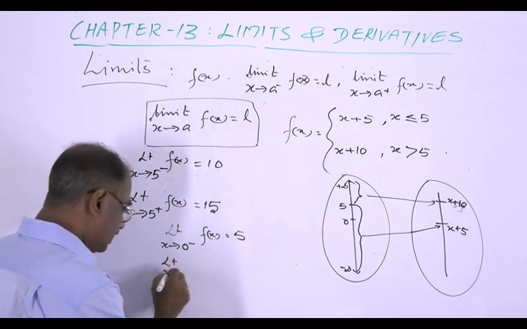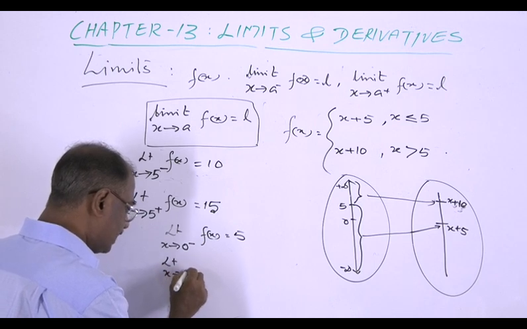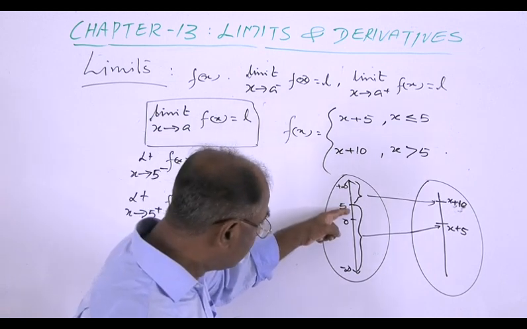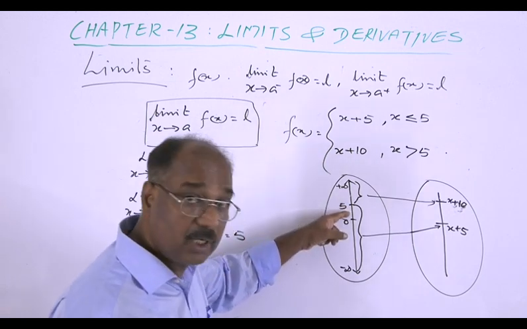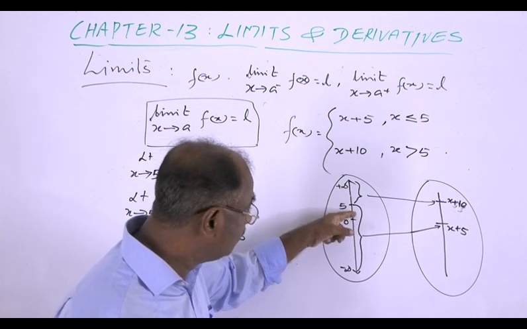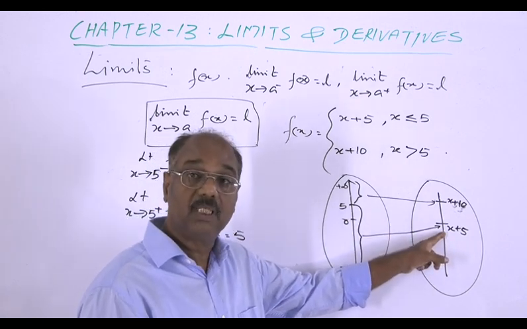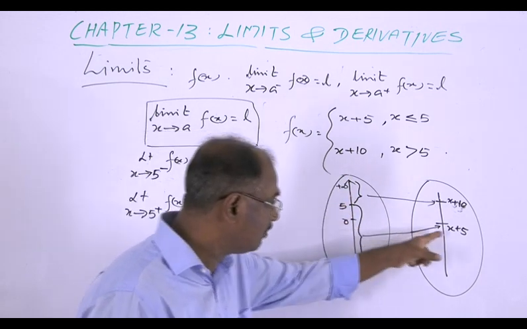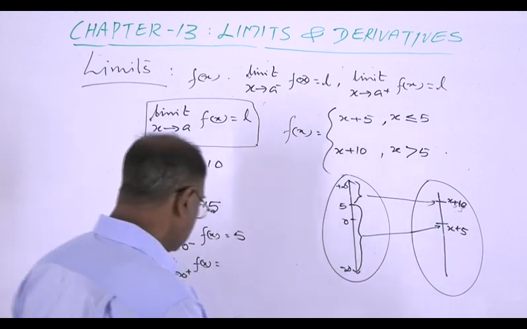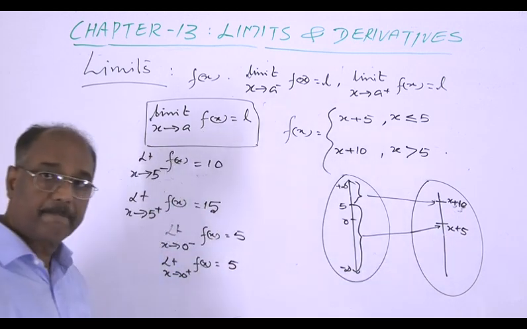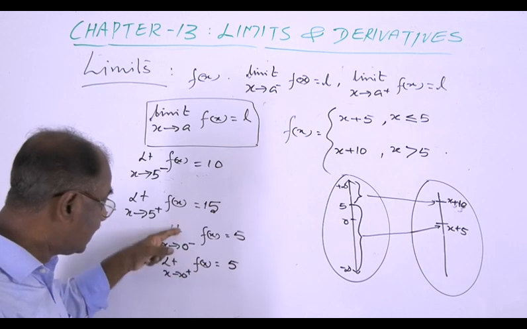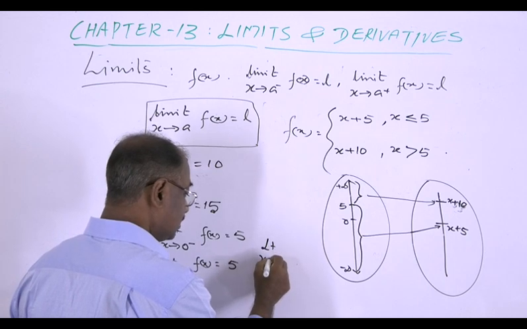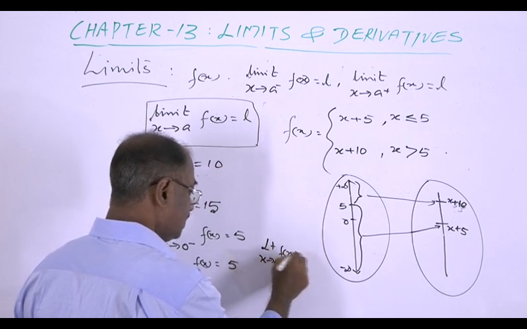And limit x tends to 0 plus of f(x), from right to 0, here also the functional value is the same. The separation is at the particular point 5, so here the functional value is x plus 5 itself. So here also we have 5. In this case, the left-hand and right-hand limits coincide. Therefore the common value is limit x tends to 0 of f(x), which is equal to 5.